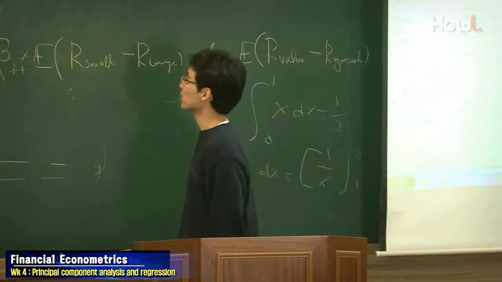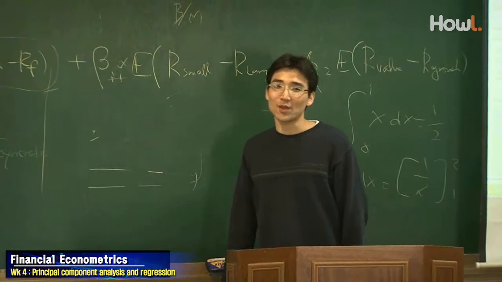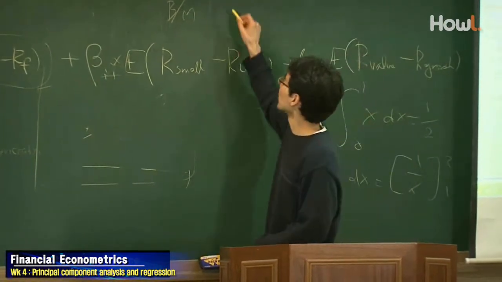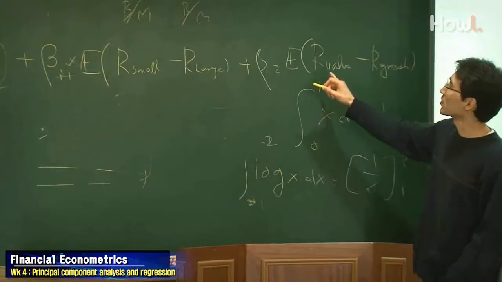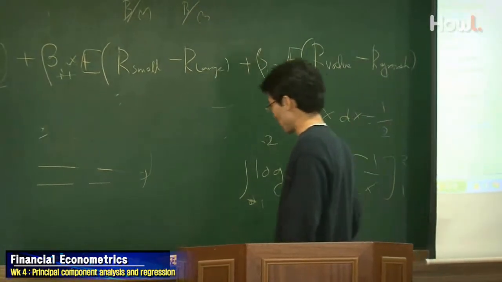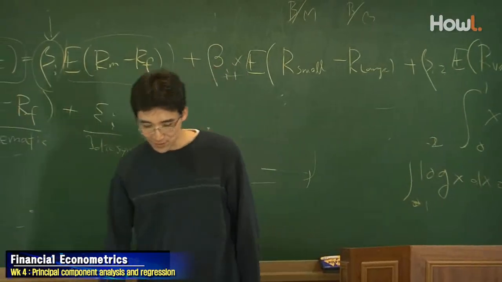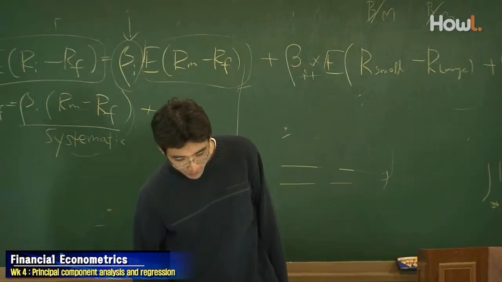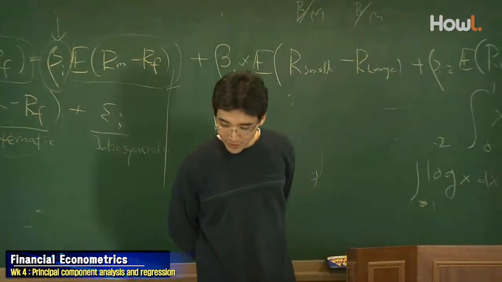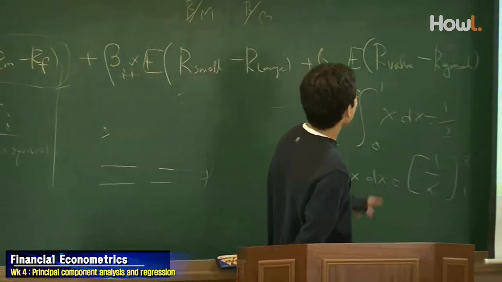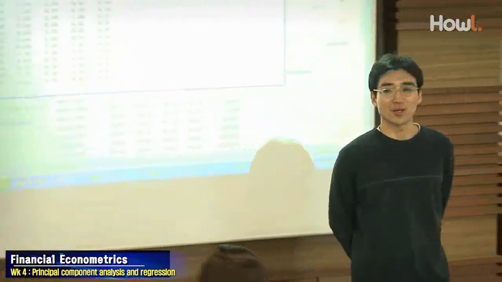Value stock is stock with a high book-to-market ratio, and growth stock is a portfolio with a low book-to-market ratio. So if you go to Kenneth French's website, SMB is small minus big, and HML is high minus low: high book-to-market ratio minus low book-to-market ratio.